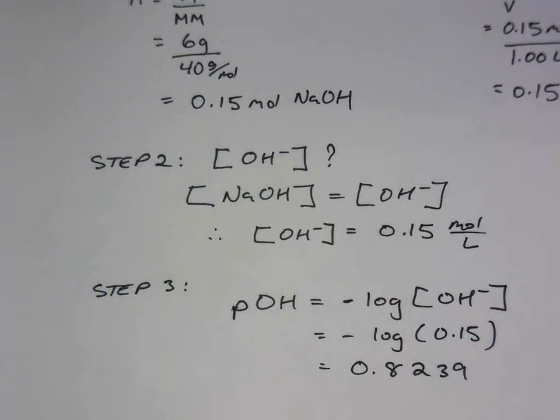To get pH, that's going to be 14 minus pOH, 13.18. In my question, I was told only 2 significant digits. The pH is 13.18 and the pOH is, to 2 significant digits, 0.82.